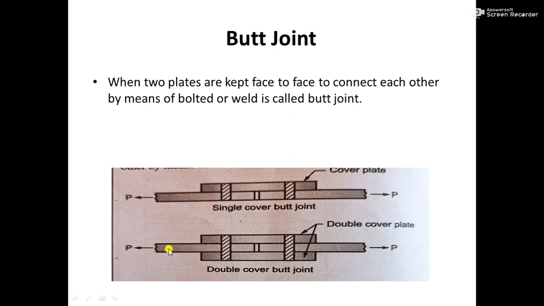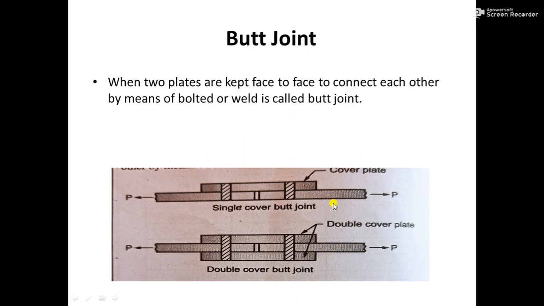Here, this is the first plate and this one is the second plate. To connect these two plates, there is one upper plate and one lower plate. These two plates are kept over the two plates which are to be connected, and then bolted connections are made. Such a connection is known as a double cover butt joint. See the difference: in a lap joint, the two plates to be connected are overlapped and then the connection is made.